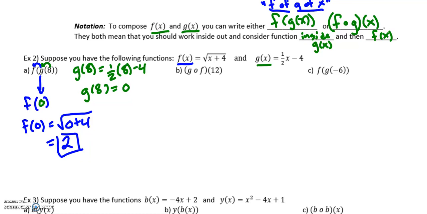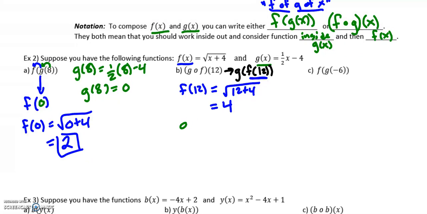Second example. The key to this is realizing I can rewrite it as g of f of 12. So I can work inside, out. First thing I'm going to do is figure out what f of 12 is. So that's going to become the square root of 12 plus 4. So it's looking like my answer is 4, because that's the square root of 16. And then I take that and plug it into the function g.